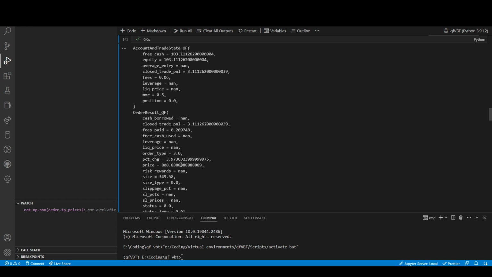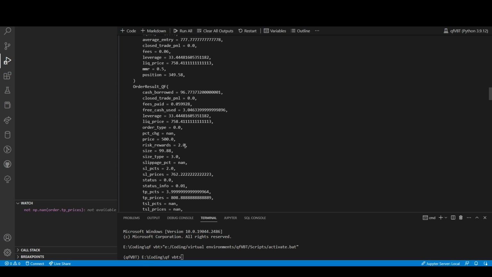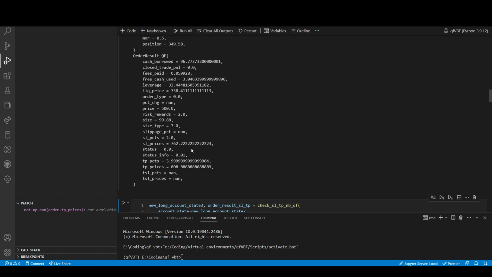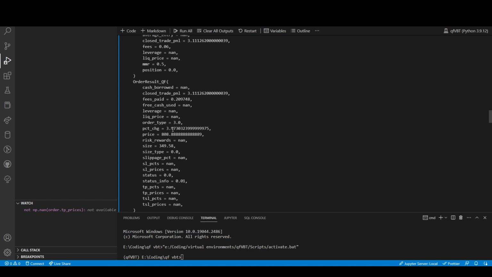The price was 808. Our risk to reward was 2. Wait a minute, what was our stop loss? Oh, our stop loss percent was 2, so that makes sense. Basically 4%, but it's gonna be right under 4%, because I guess we're including the fees. I don't want to do the math right now.